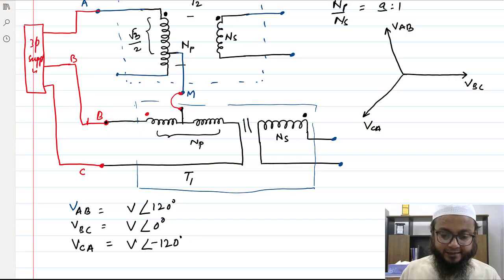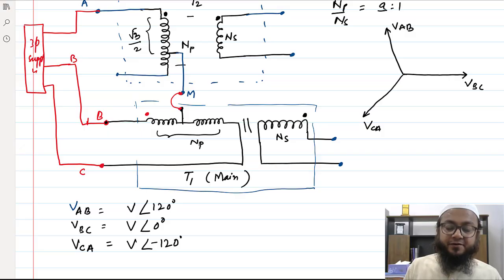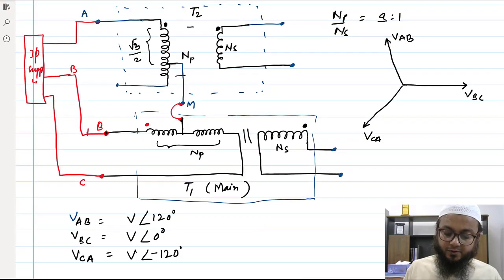I will take transformer T1, the main transformer, on which you have 50% of the turn ratio division, and on the other you have 86.6% of the turn ratio.